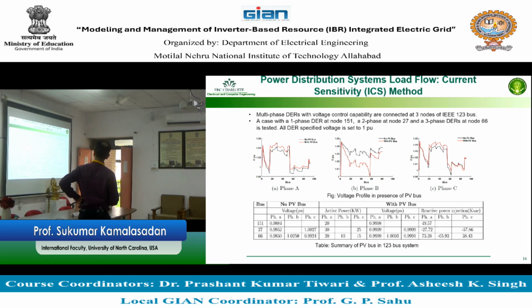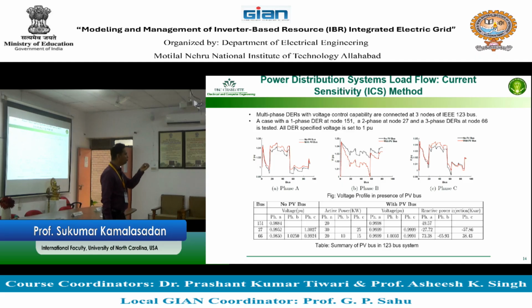With PV, the voltage is pushed up, which means the voltage at the low points is going up, and the voltage at the high points can go down. So this voltage reduction, conservative voltage reduction, all those things you can actually study with this model.